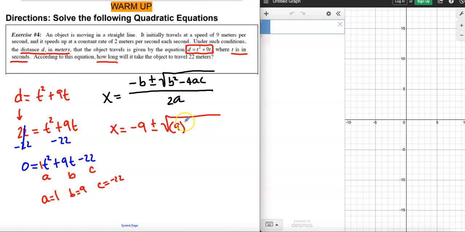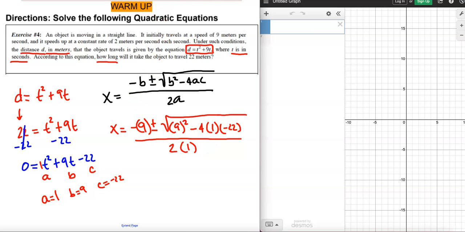Every time I substitute something in, let's put it in parentheses, and I should have put this one in parentheses too, so I'm going to go back and fix that. Minus 4 is already in the equation. I have to substitute 1 in for a, and negative 22 in for c. All of that is under the square root, and then this is divided by 2 times 1, substituting 1 in for a.